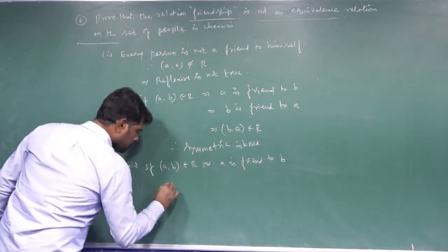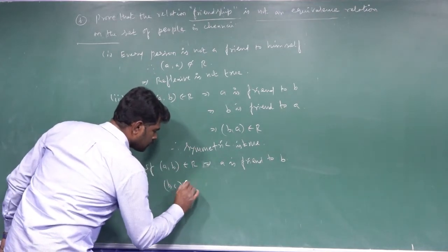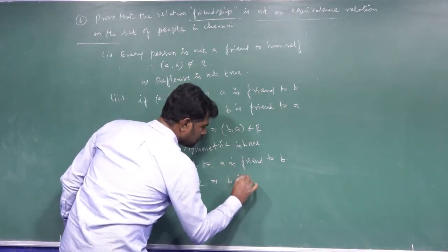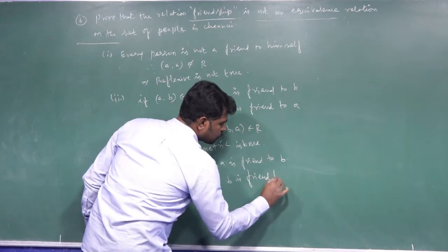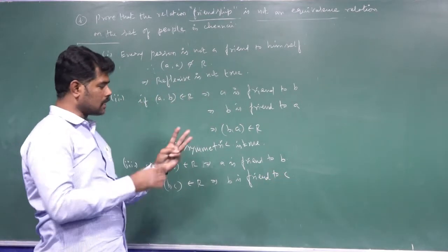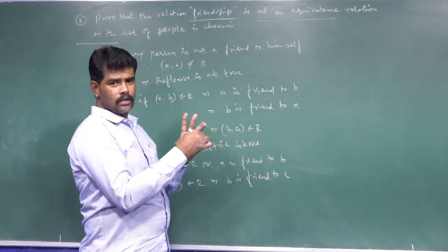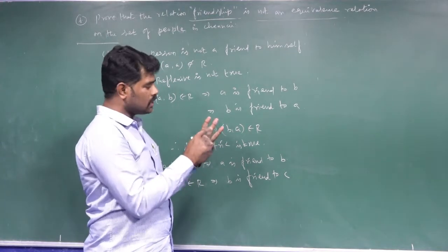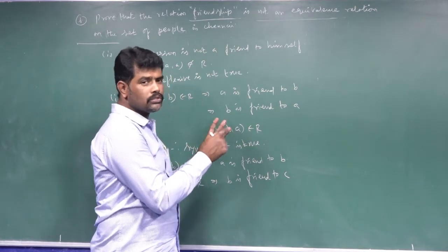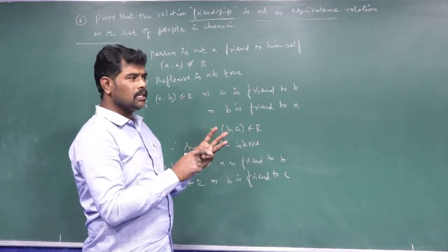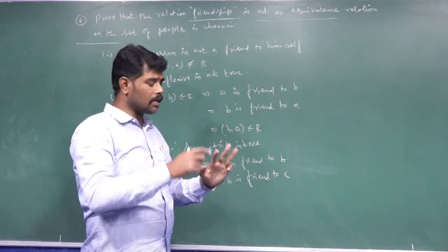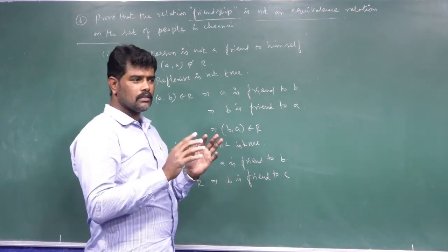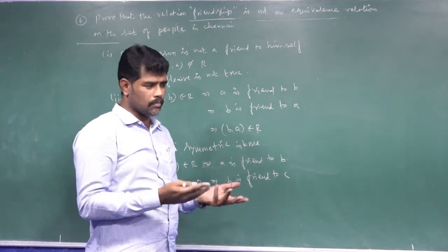Then the next pair, B comma C belongs to R. This implies B is friend to C. Now listen, three persons are there, A, B, C. A is friend to B, and B is friend to C. That's okay, no problem. But it is not necessary that A and C, the first person and the third person, should be friends. It may or may not be.